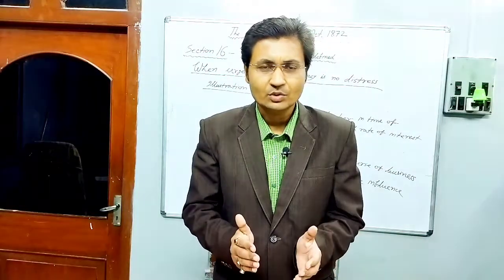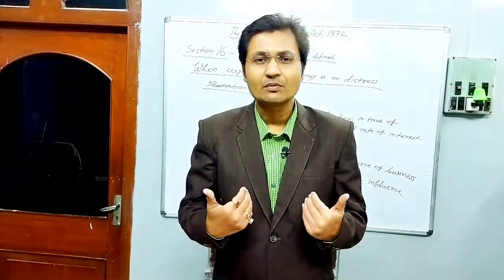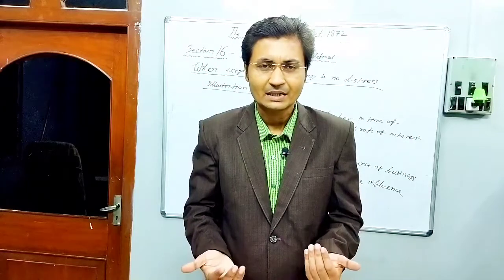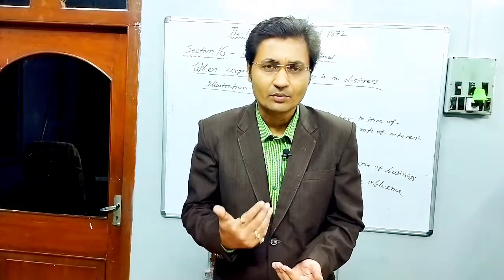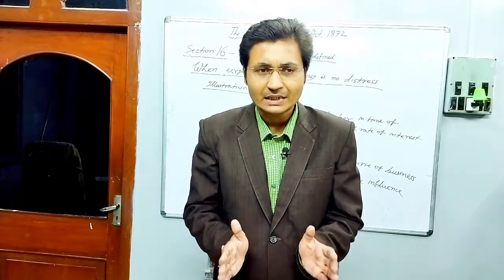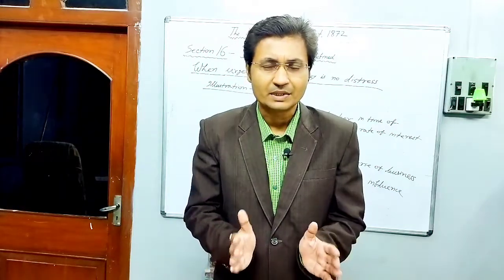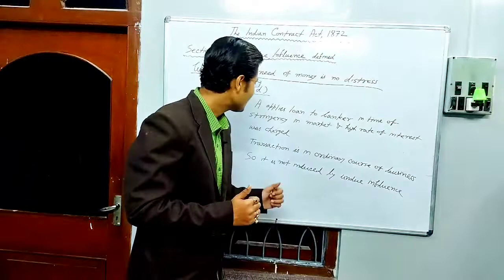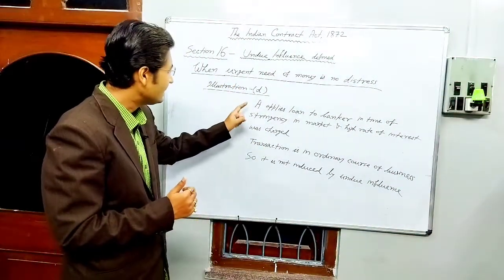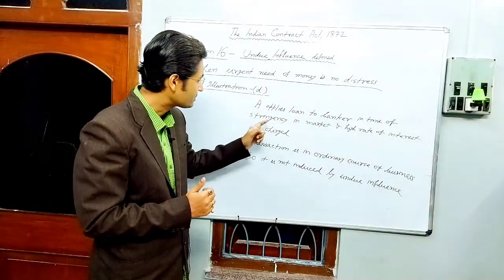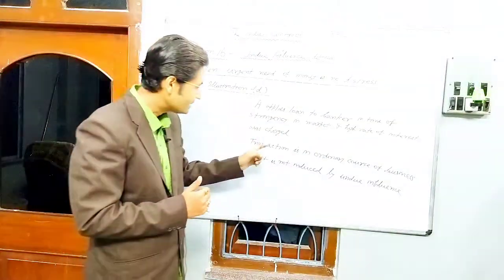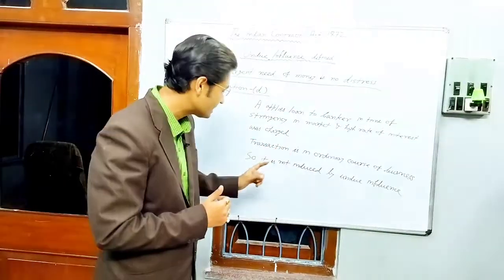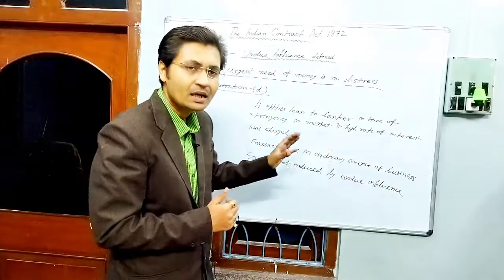So, though an exorbitant rate of interest was charged by the banker, it will not be considered undue influence, since it is by nature the ordinary course of business. In illustration D, A applies for a loan to a banker in a time of stringency in the market, a high rate of interest was charged, and the transaction is in the ordinary course of business. So, it is not induced by undue influence.